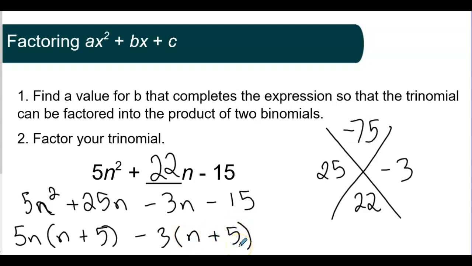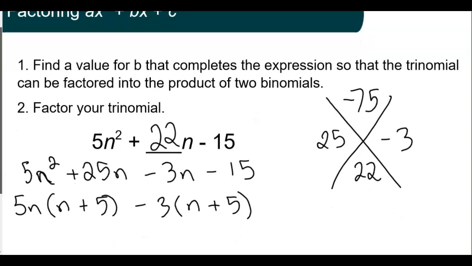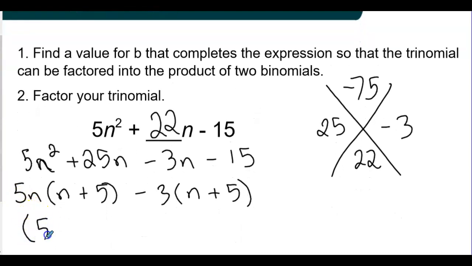Notice that should be n plus 5 there, because negative 3 times positive 5 will give me my negative 15. And my final answer would be 5n minus 3. But you might have a different answer there, and that's okay, because there's more than one possible answer for this. And that's how we factor when the leading term's coefficient is not 1.